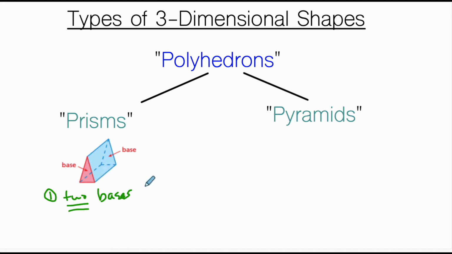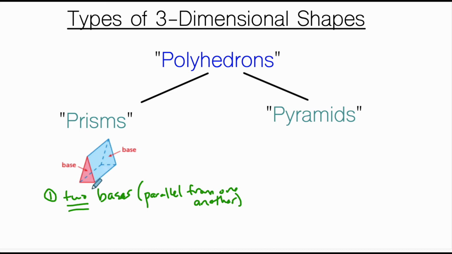A prism base can be identified by, first, what are there two and only two of, but more importantly, the bases are always parallel from one another.